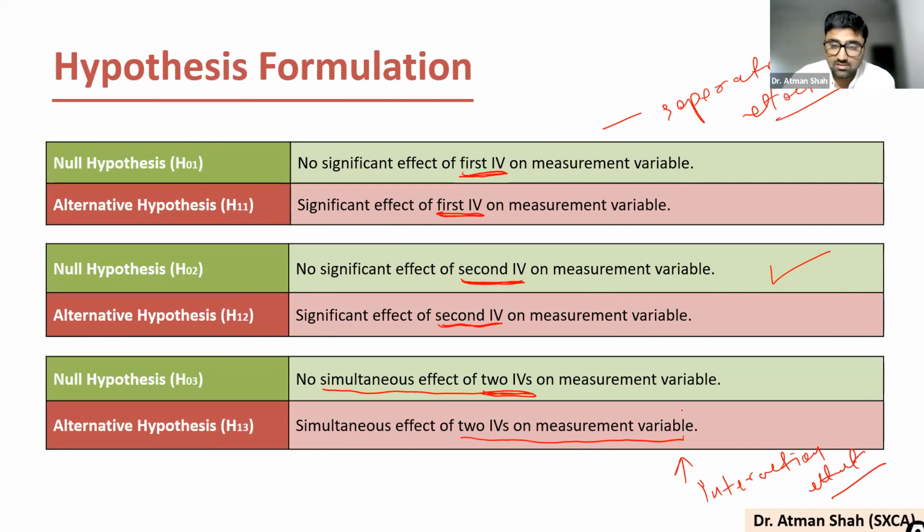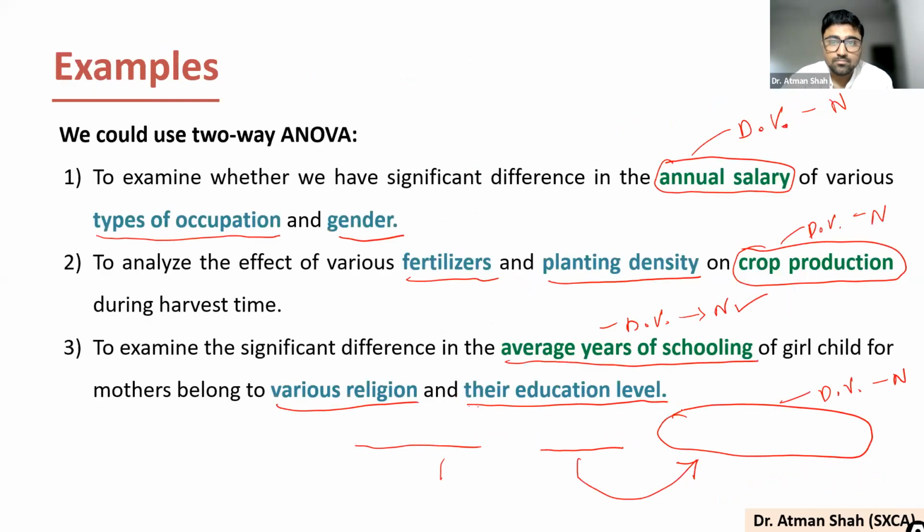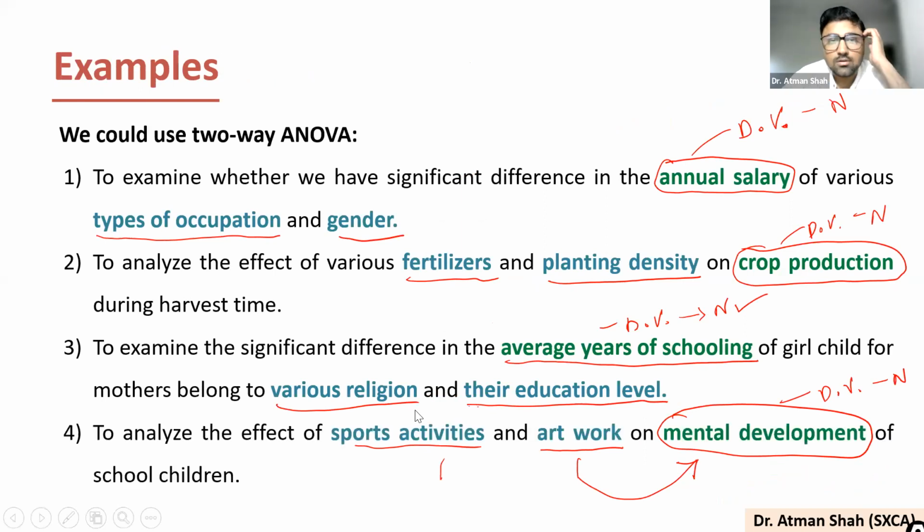So in our example, suppose you take this example: annual salary, types of occupation and gender. All right. So what is your first set of hypotheses? There is no effect of types of occupation on annual salary.